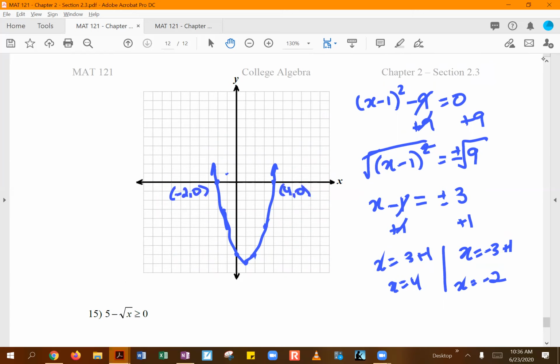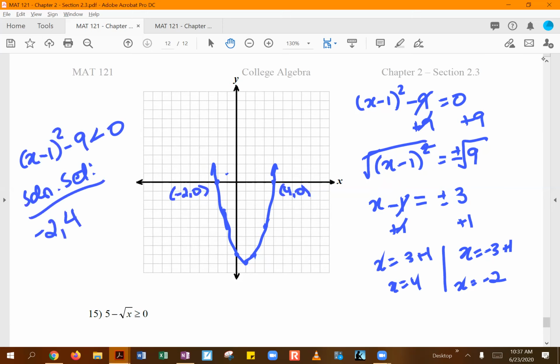So those are the two x values that we're actually interested in. When they say your inequality is less than 0, your solution set is going to be all the numbers between -2 and 4 with respect to the x values.